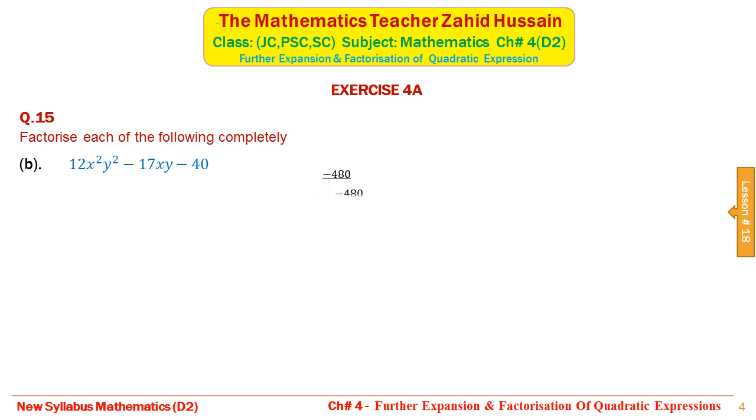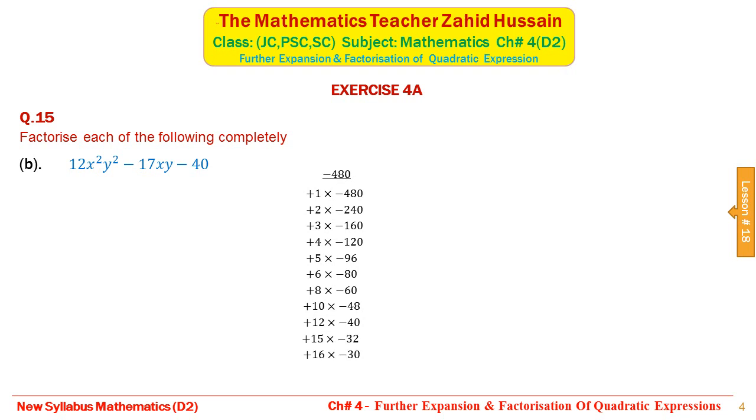So our factors are plus 1 and minus 480, 2 and 240, plus 3 and minus 160, plus 4 and minus 120, plus 5 and 96, plus 6 and minus 80, plus 8 and minus 60, plus 10 and minus 48, plus 12 and minus 40, plus 15 and minus 32, plus 16 and minus 30, plus 20 and minus 24.